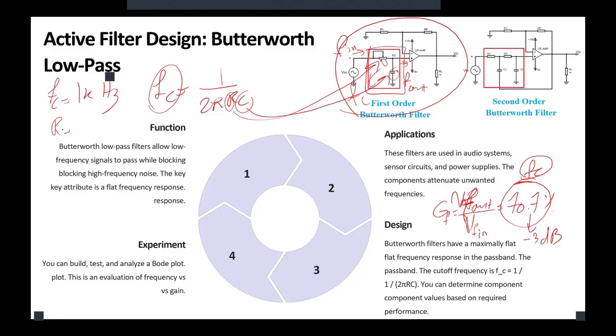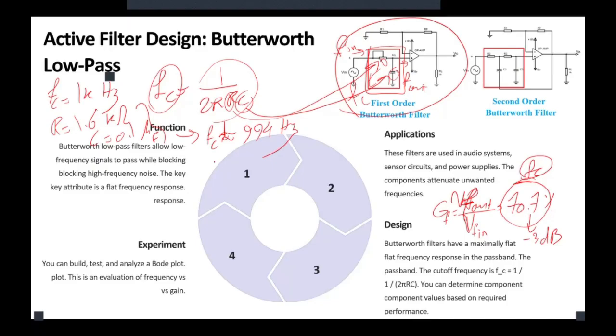We can pick R equal to 1.6 kilo ohm and C equal to 0.1 microfarad. If you do the calculation here, that gives us FC equal to around 994 hertz. So it's very close to 1 kilohertz.